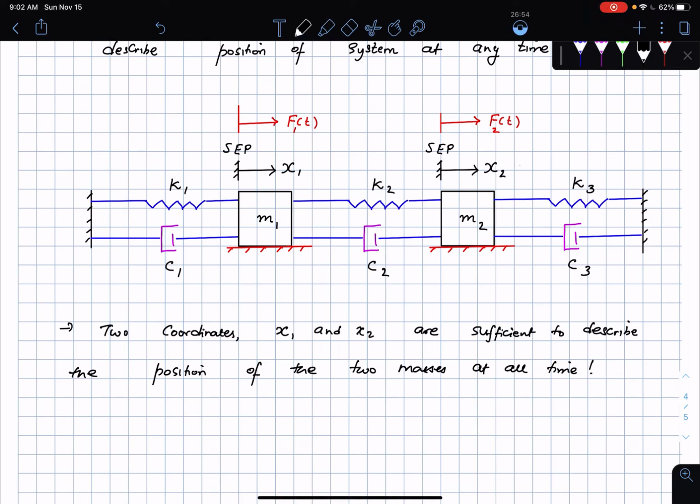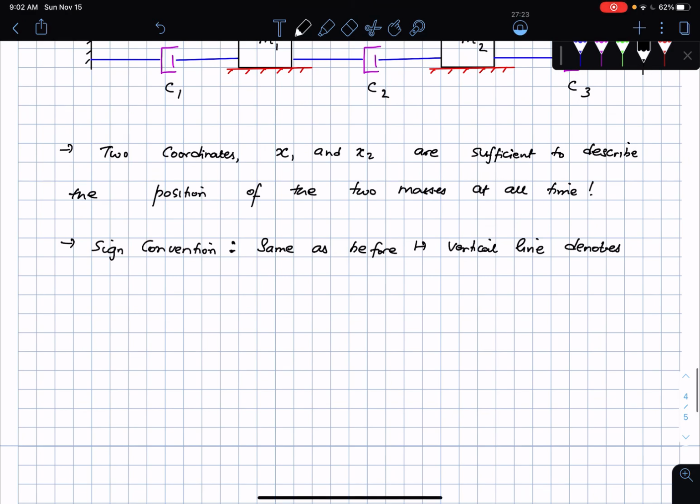The sign convention that is used is still the same. The vertical line denotes the origin of the masses, the position of the masses when the springs are all at SEP.